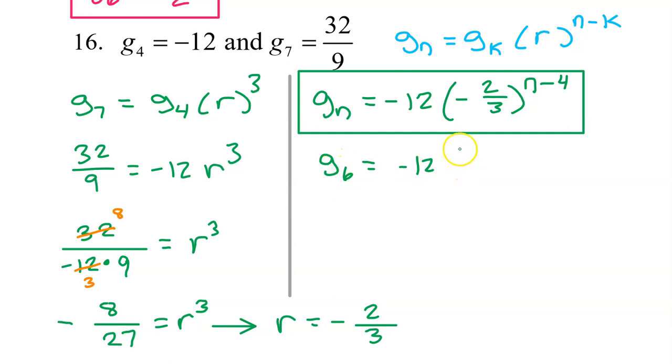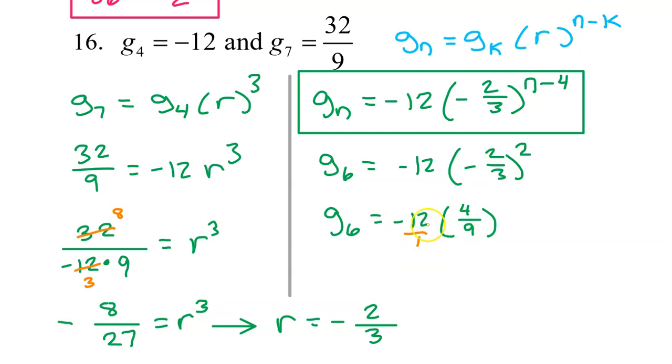So negative 12, negative 2/3 to the 6 minus 4 power, so that's squared. So G6 will equal negative 12 times, 2 squared is 4, and 3 squared is 9. So I'm going to have 4 over 9, because when you square a negative number, it becomes positive.